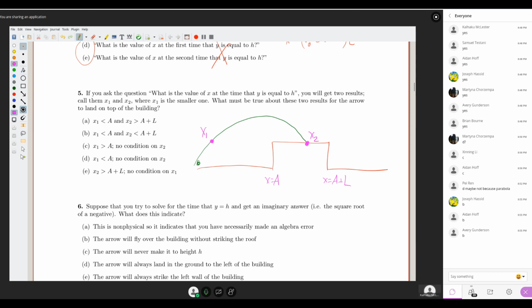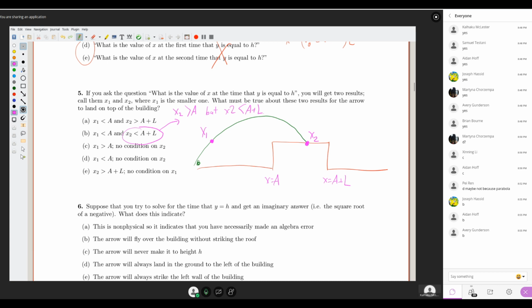Choice B. Yeah. Actually, this is not quite written right. There's a typo in this question. This really should be x2 is greater than a, but x2 is less than a plus l, because it's got to at least go to the building, right? So this is actually a kind of screwed up question.